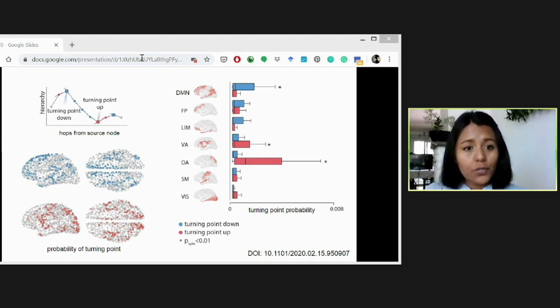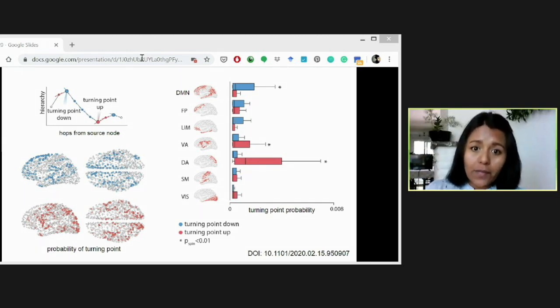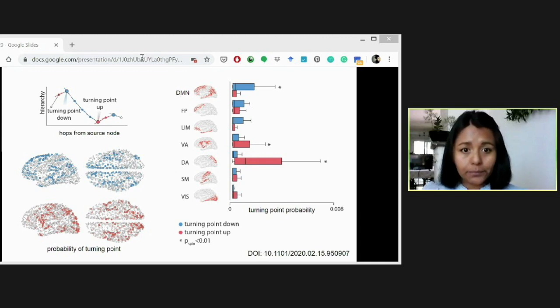We find that the attention-related networks have the highest probability of turning up the paths, whereas the default mode network has the greatest turning down probability. From this, we learn that attention-related networks are redirecting signal traffic up, and default mode network nodes are redirecting the communication paths down. This result agrees with some theories that identify attention and control networks as the bridges between segregation and integration of information.